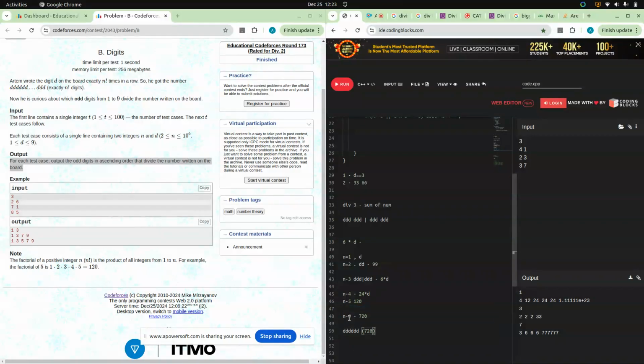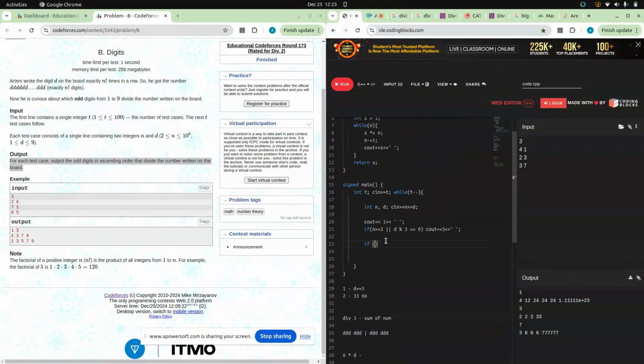When you write d 720 times, the sum of the whole thing is 720 into d, and that is divisible by 9. So if n is greater than or equal to 6, then we are sure whatever d may be, the whole thing, d written n factorial times, will be divisible by 9.